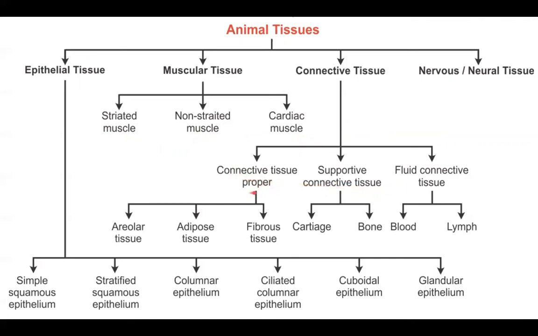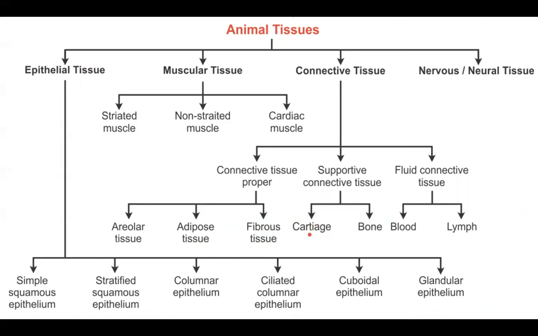The connective tissue proper has the areolar tissue, which is basically spread uniformly in the body, the adipose tissue, which has the fat layer, and the fibrous tissue, the tendons and the ligaments. The supportive connective tissue is of two types, cartilage and bone.